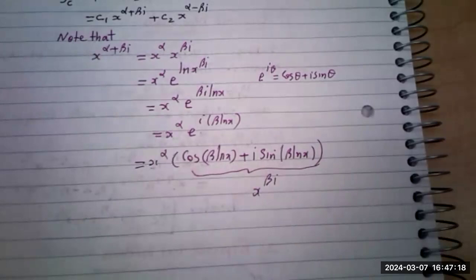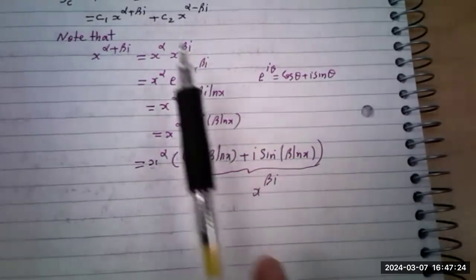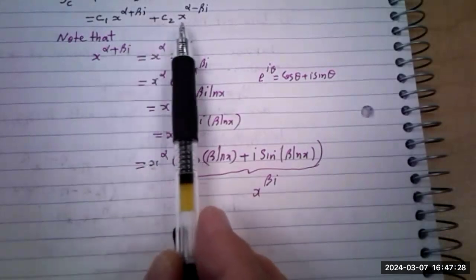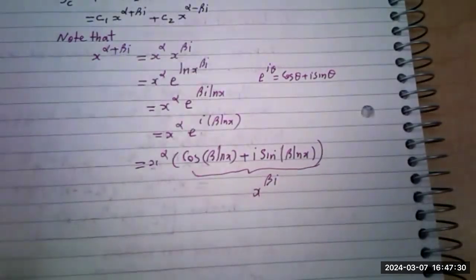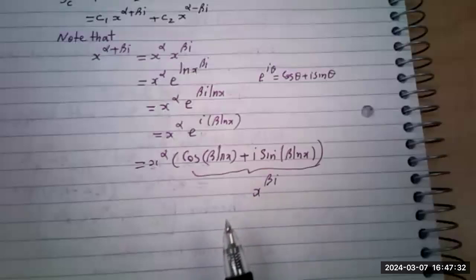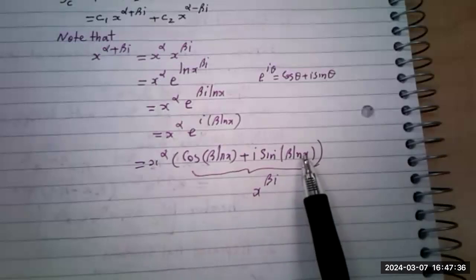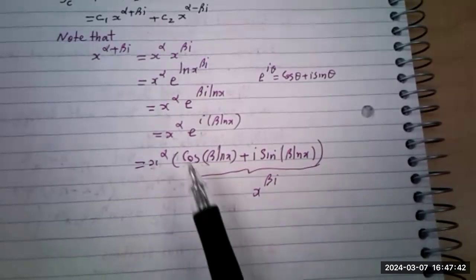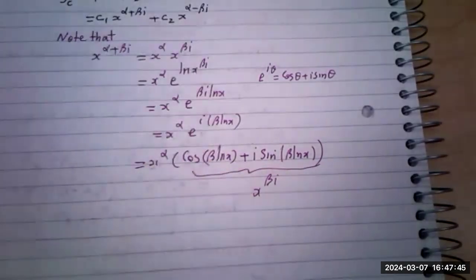We just did this for one of them. But as we did before, if you get back to your equation, the first one is alpha plus beta, and the second one is alpha minus beta. You know that the cosine of negative theta and the cosine of theta are the same. In the case of the sine, you just bring the negative sign outside. So it's going to be almost the same thing when you put it with the constants that we're going to have.